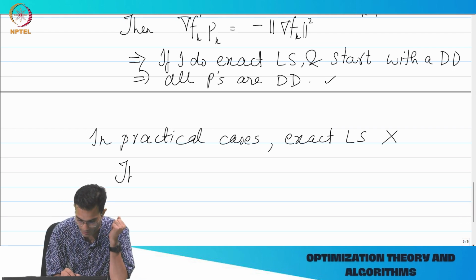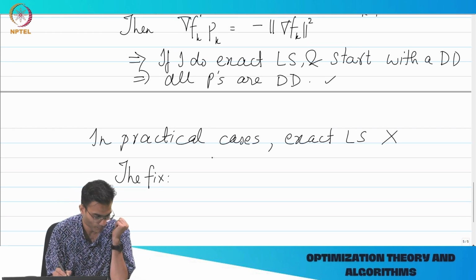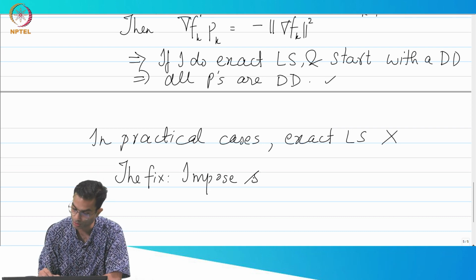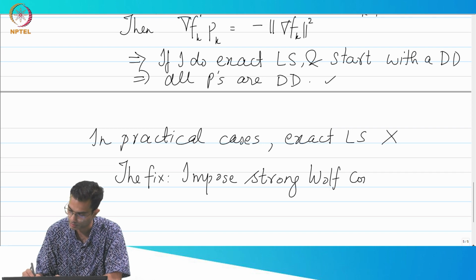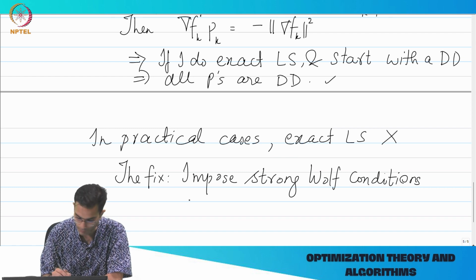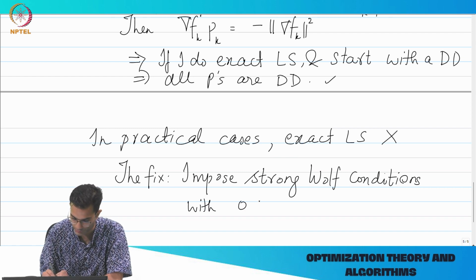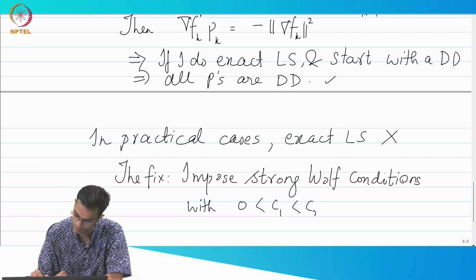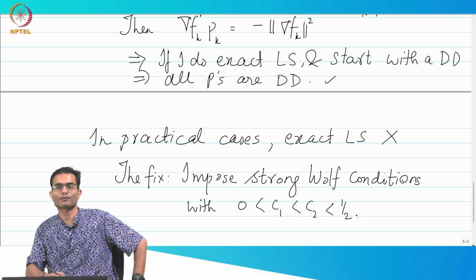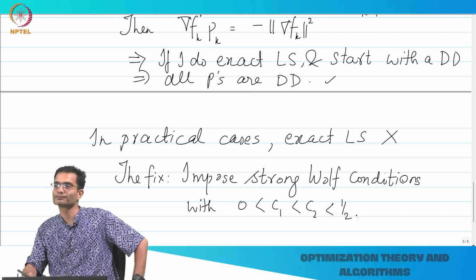So the fix is to impose the strong Wolfe conditions with the following. C1 came from which Wolfe condition?